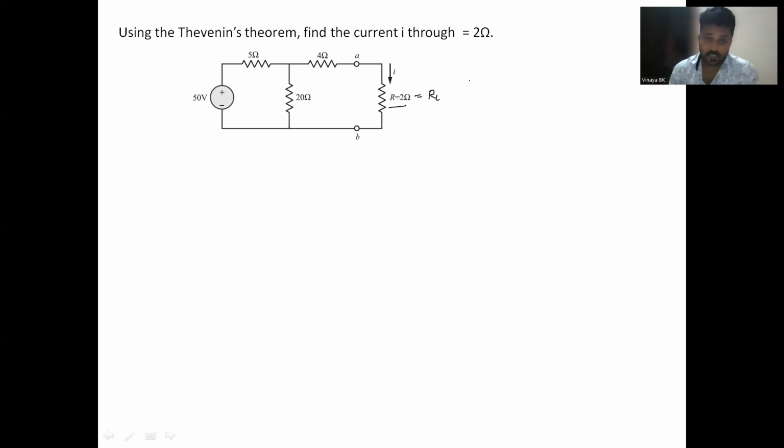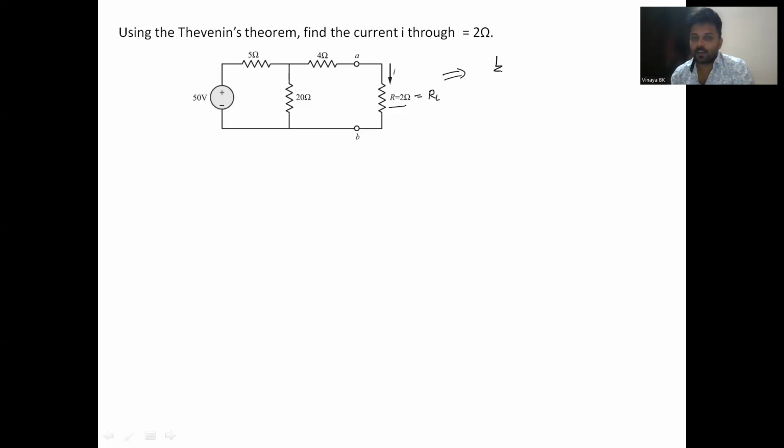Thevenin's theorem is nothing but, whatever circuit is given, you need to convert it into the equivalent circuit diagram of Thevenin's theorem, which consists of VTH in series with RTH across the load resistor. So you need to transform this circuit into this form.